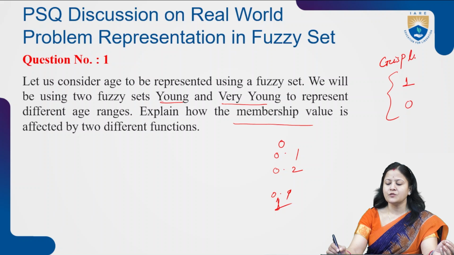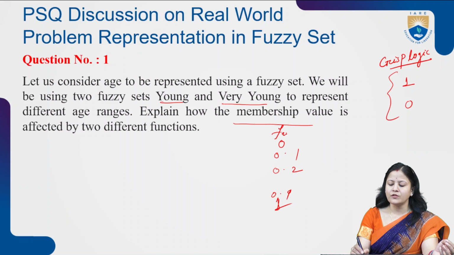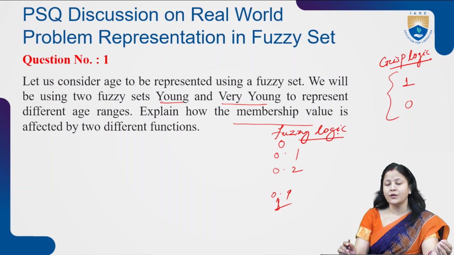This is our crisp set, or crisp logic, but this is our fuzzy set, or fuzzy logic. Fuzzy logic supports partial membership, that means the value ranges between 0 and 1, whereas crisp logic or Boolean logic supports only two values, 0 or 1. Either it is absolutely true or absolutely false.